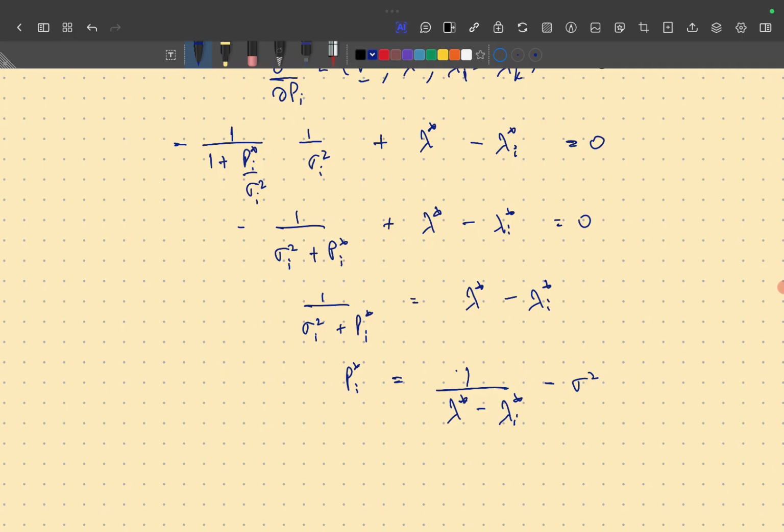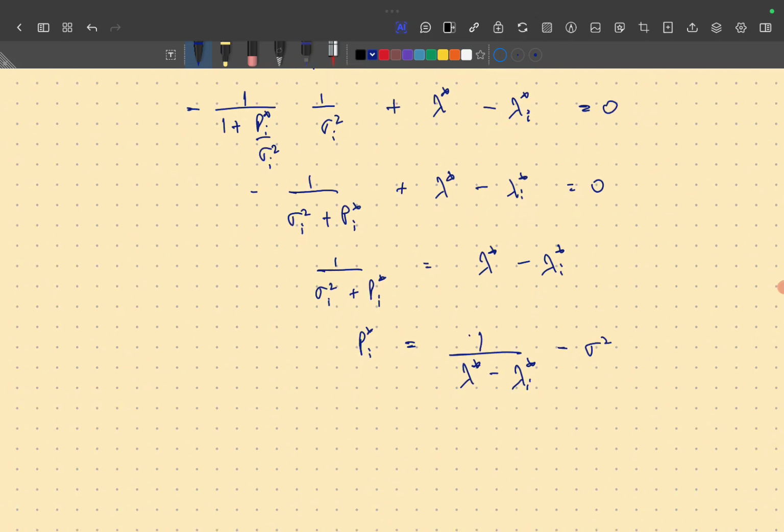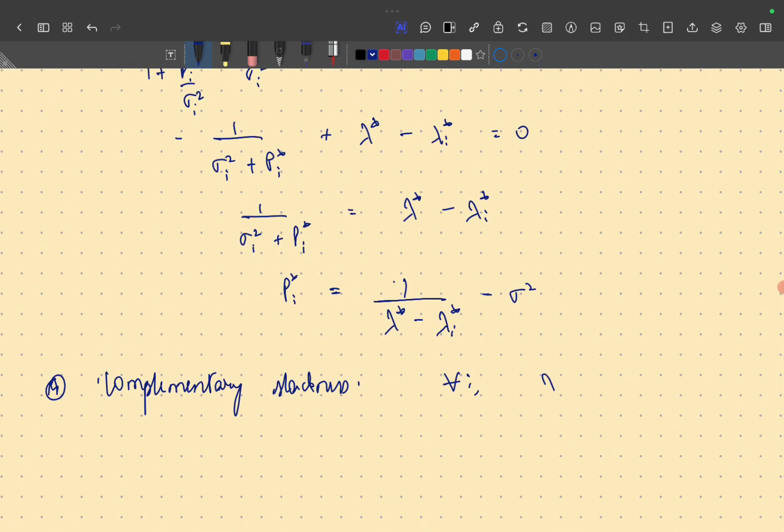Okay, let's note that down. The fourth condition is complementary slackness, which is that for all I, lambda I times minus pi should be equal to 0, and lambda star times summation I equal to 1 to k pi star minus 1 should be equal to 0.